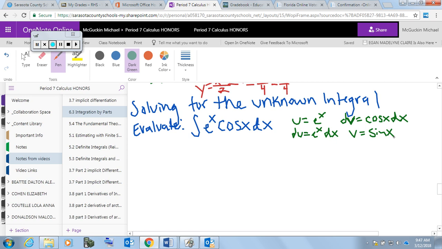What you're going to notice is I'm going to really focus on keeping the original integral in the entire formula.